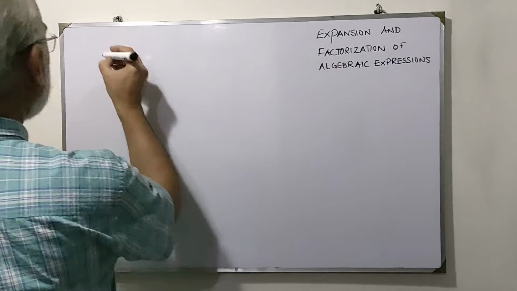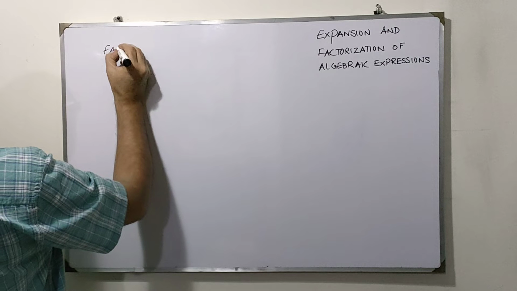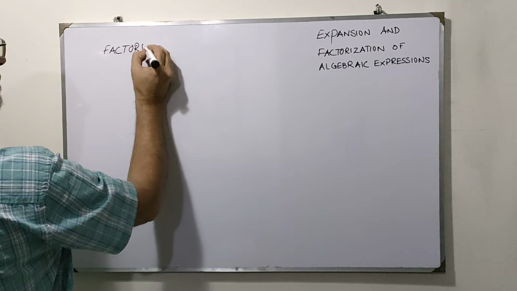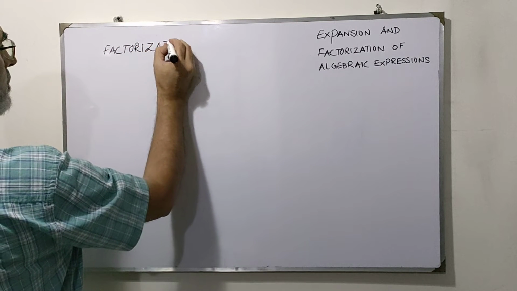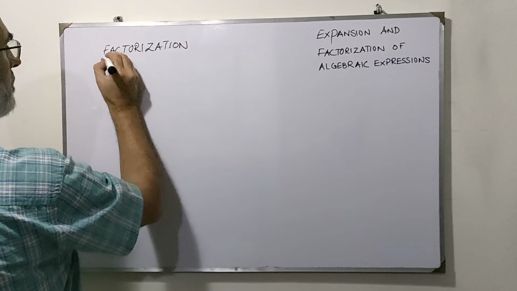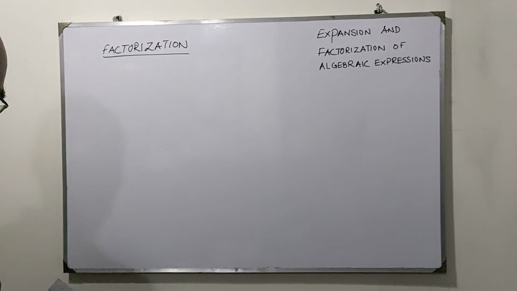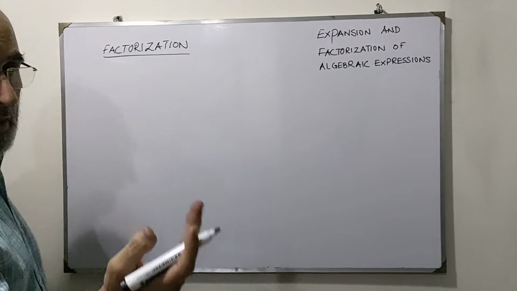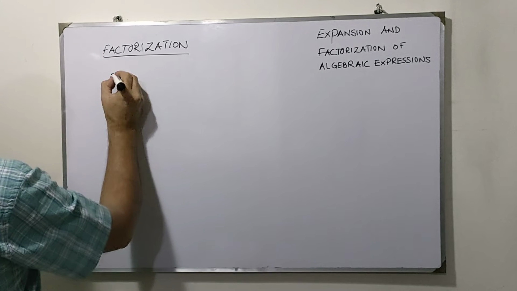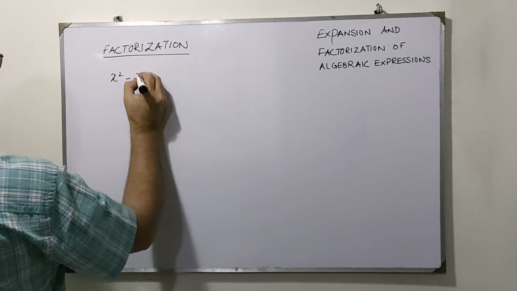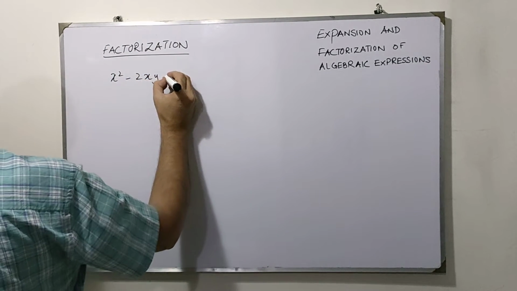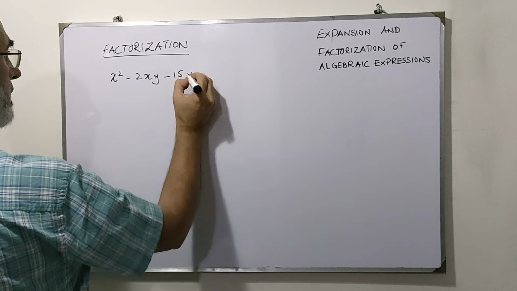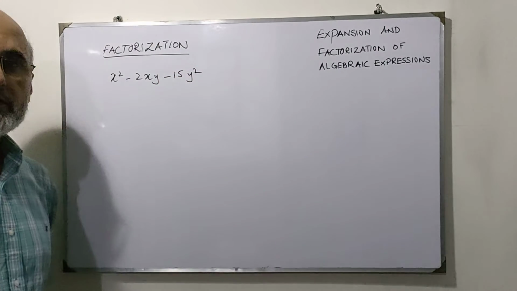For the factorization, I'm taking this example from the book: x square minus 2xy minus 15y square. We have to factorize it.